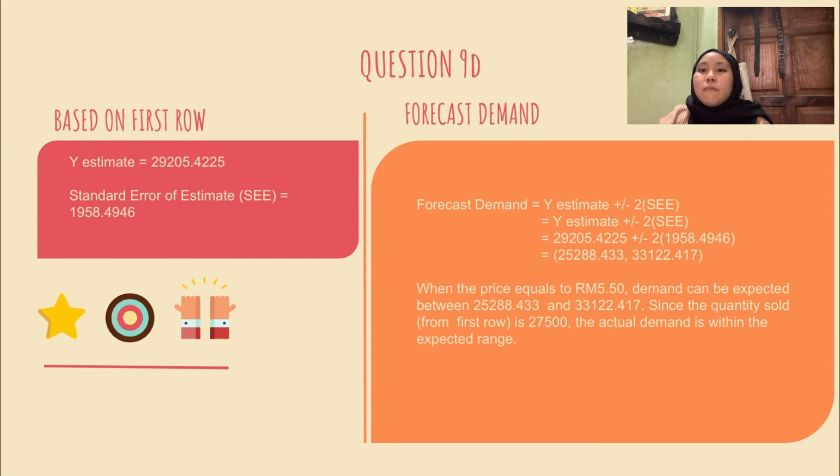We are 95% confident that the value of y will lie between 25288.433 and 33122.417. When the price equals 5 ringgit 50 cent, demand can be expected between 25288.433 and 33122.417. Since the quantity sold from the first row of our database is 27,500, the actual demand is within the expected range.